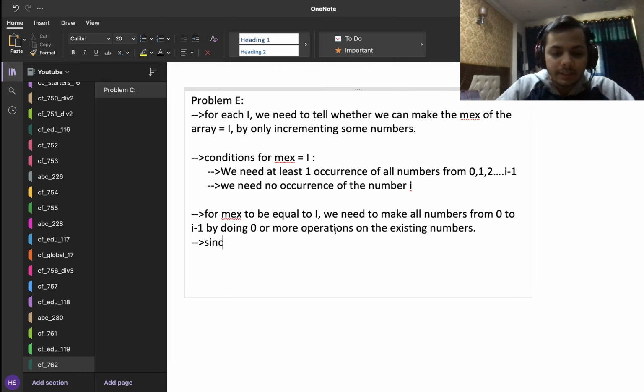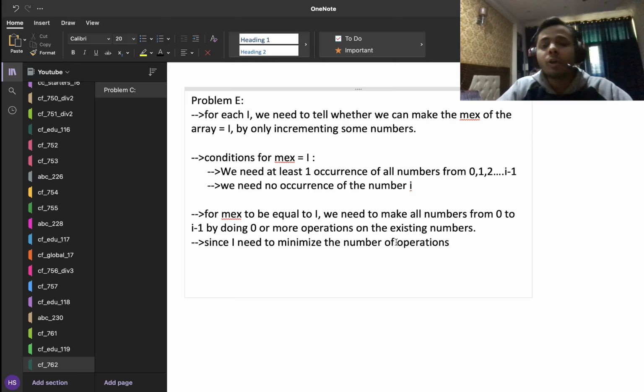Since I need to minimize the number of operations, to make a number j, it makes sense to use the largest number which is less than or equal to j that we have available. So we will use that number, do some operations on it and convert it to j.